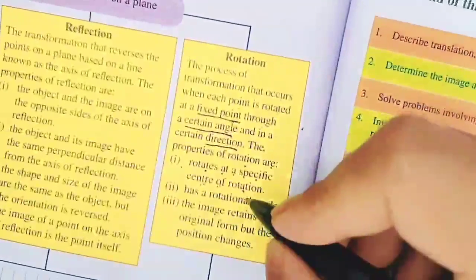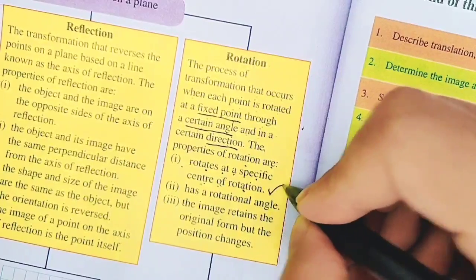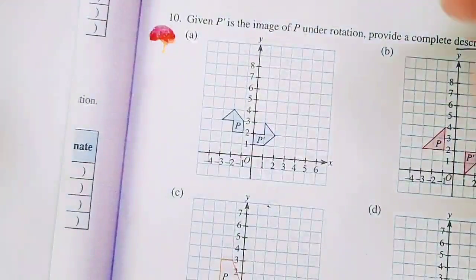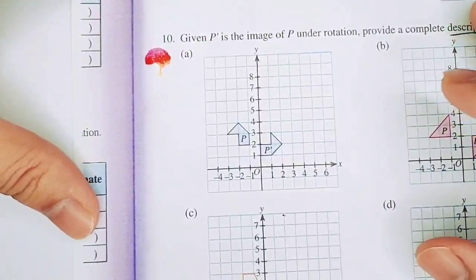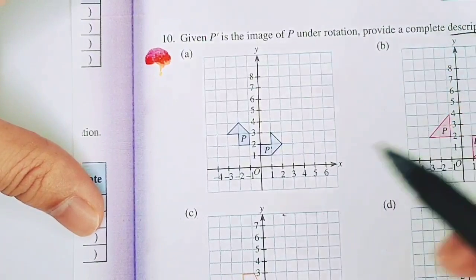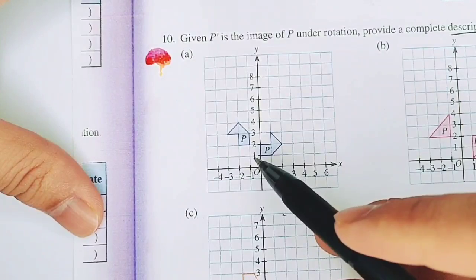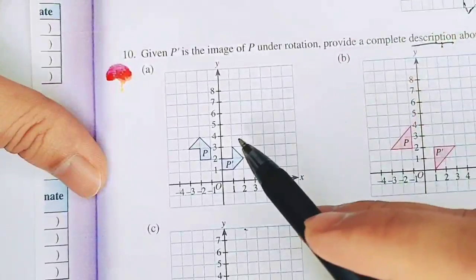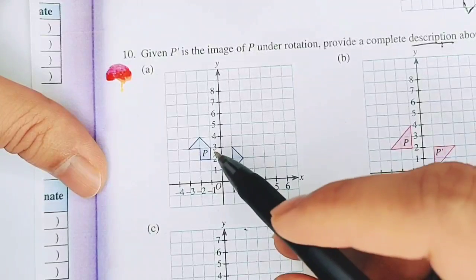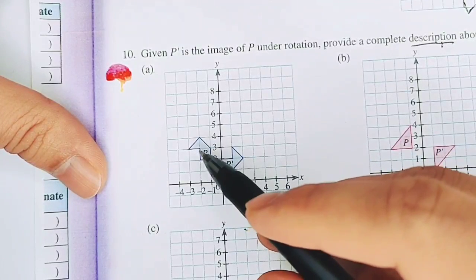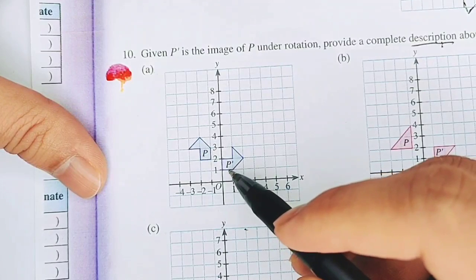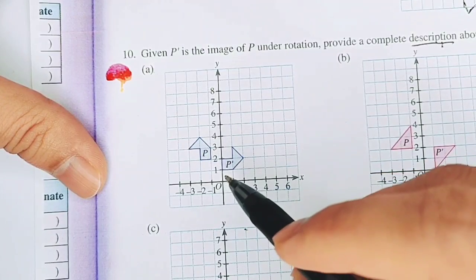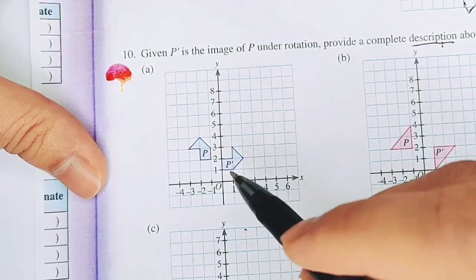First, we need to find the center. Do you still remember how to find the center of rotation? They need to give us both the object and the image, then we can find the center. But how are we going to do that?